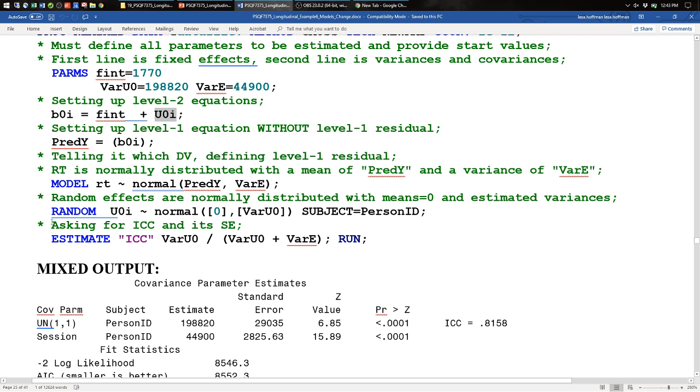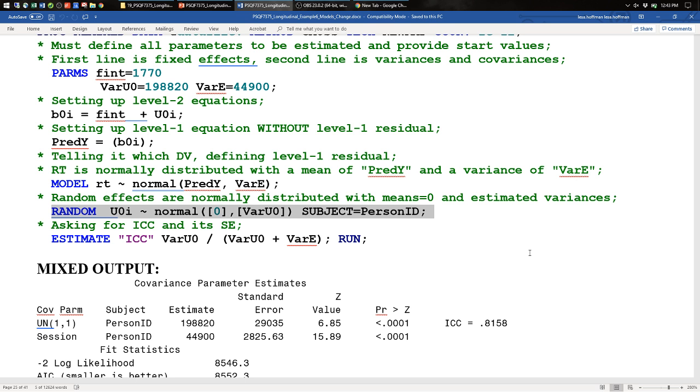How do I know that? Because down here, I'm telling SAS what it means. I'm saying U0I is going to be a random effect. So this is the same thing as the random line that we're used to saying intercept, or 1 in R. See, I learned that this week. Yeah, see? 1, that's what I mean.